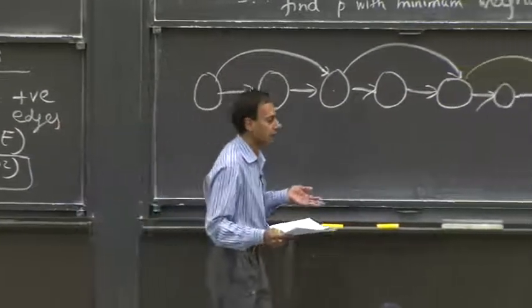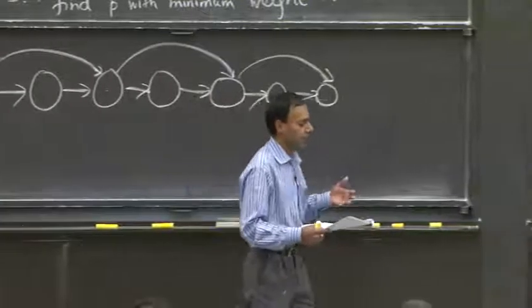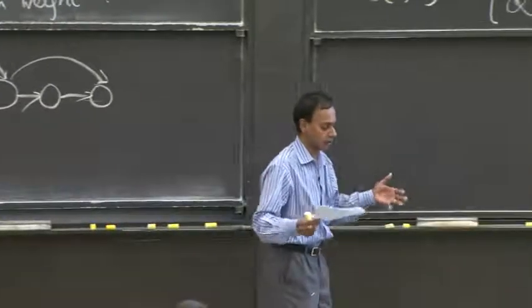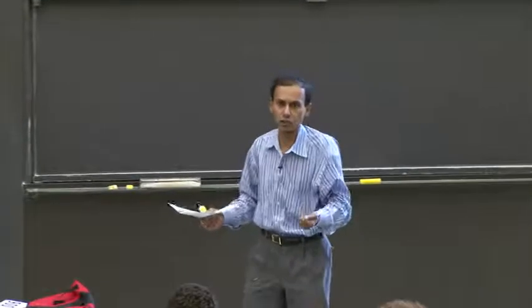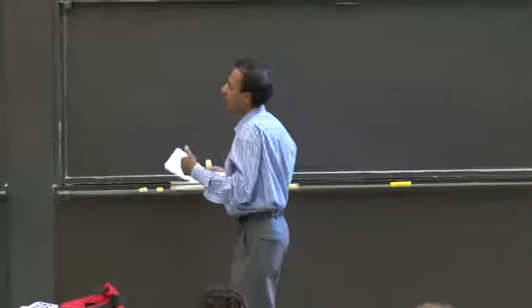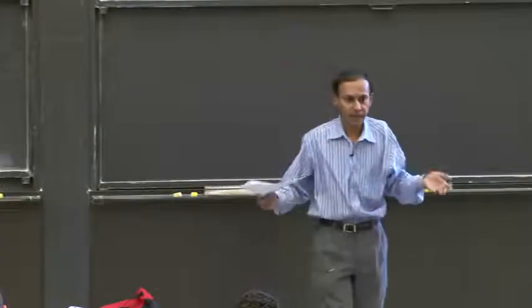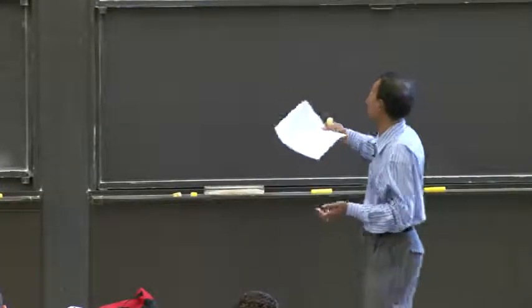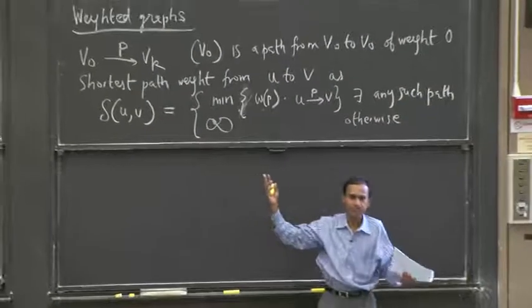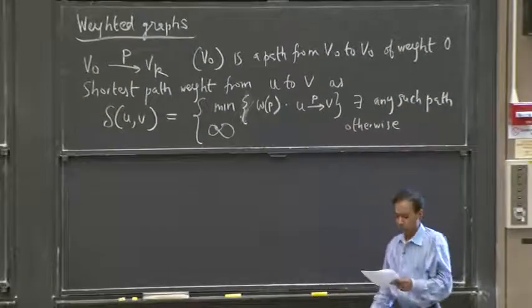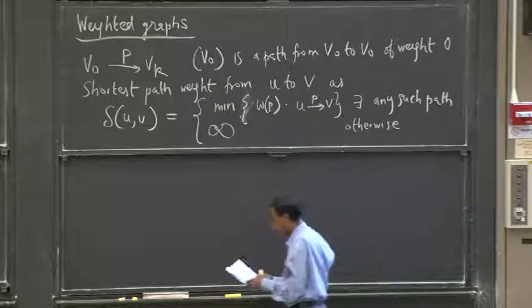And it's quite possible that you may be given a graph where there are particular vertices in your set V that can't be reached from the particular source that you started with. And for those vertices, you're going to have your delta uv, if V is unreachable from U, it will stay at infinity. OK?